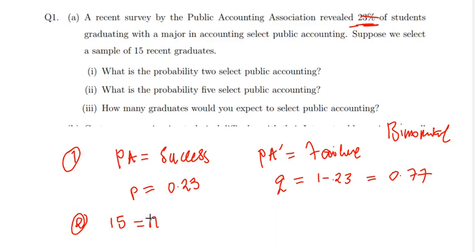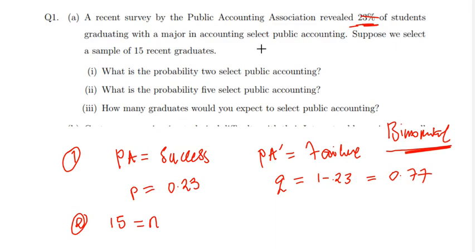When you have the number of trials, the probability of success and the probability of failure, and we assume that the events are independent of each other and the probability of success remains constant, it doesn't change, this qualifies to be a binomial distribution.